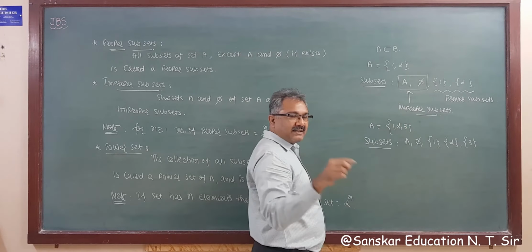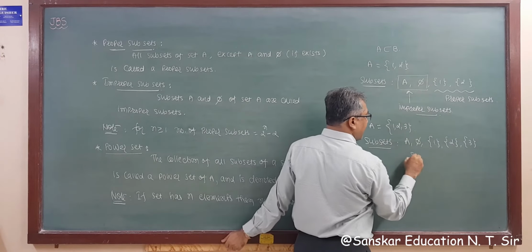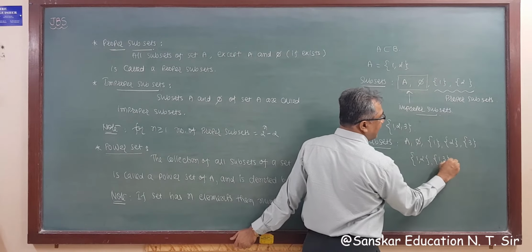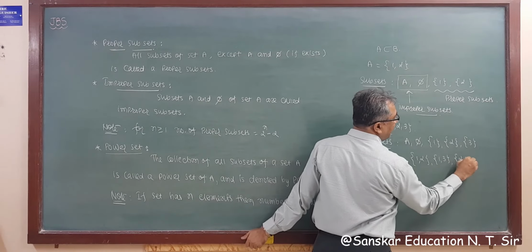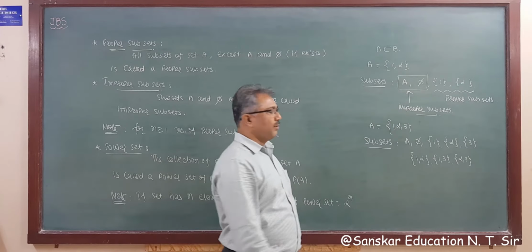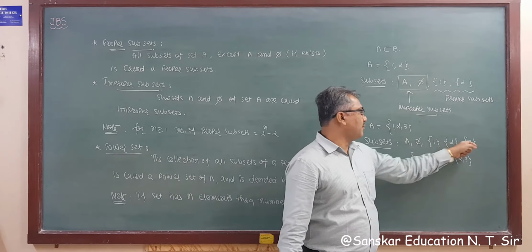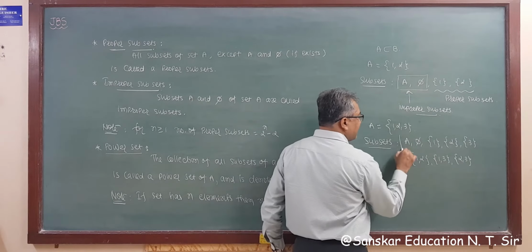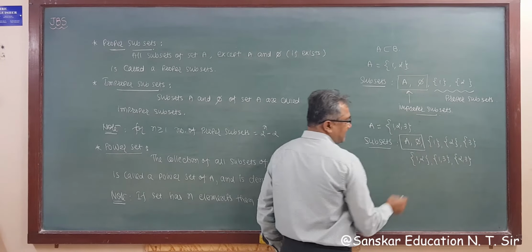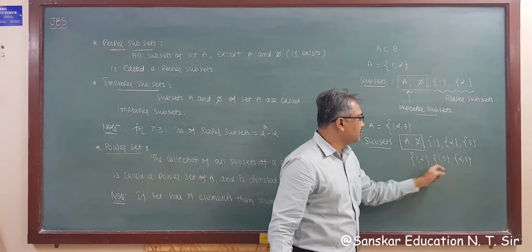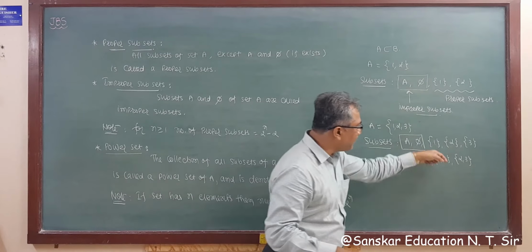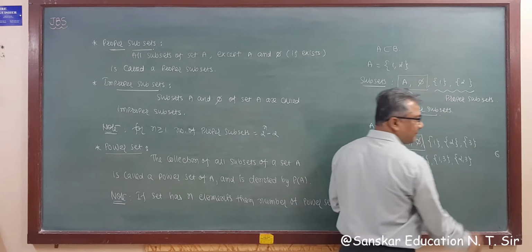Then sets with elements in pairs, that is {1, 2}, {1, 3} and {2, 3}, right? So here 1, 2, 3, 4, 5, 6, 7, 8 subsets are there. So all subsets except A and phi, these {1}, {2}, {3}, {1, 2}, {1, 3} and {2, 3}, are called proper subsets. So the number of proper subsets here is 6.